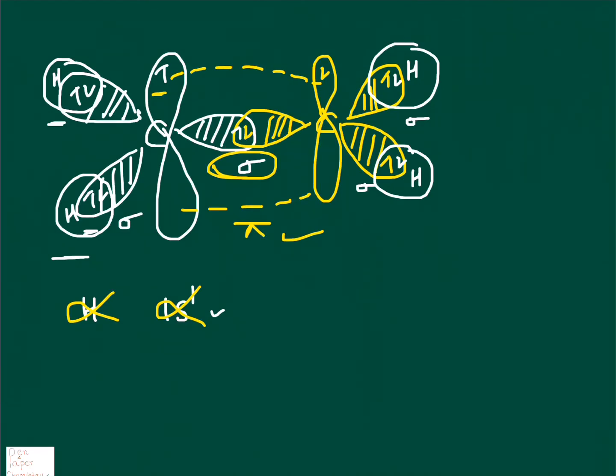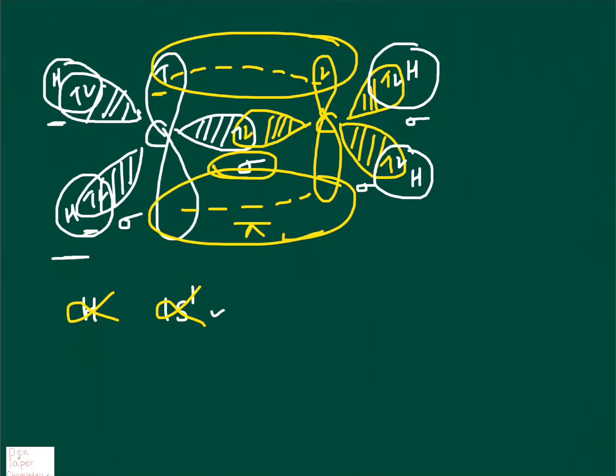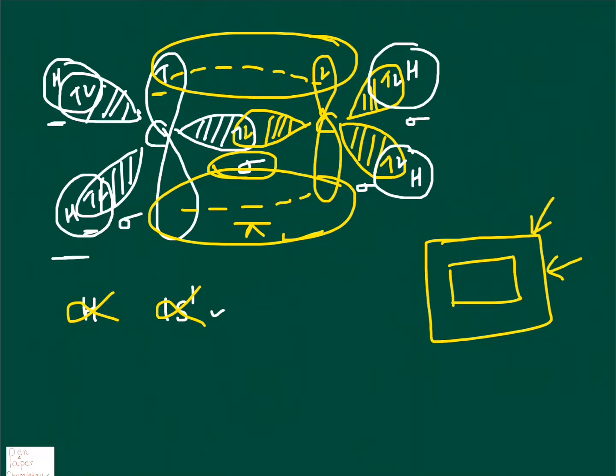Pi bond means the electron cloud is distributed above and below the internuclear axis. So it is like you have a house and there is the boundary of the house. So this is like the boundary. What happens is, if there is any species which wants electrons, it will come and attack the boundary first.